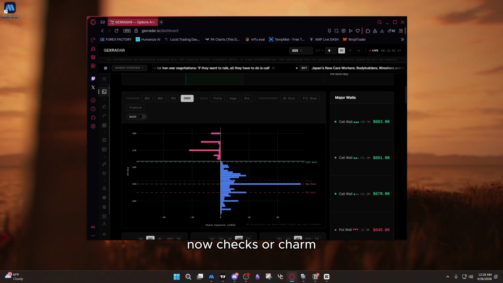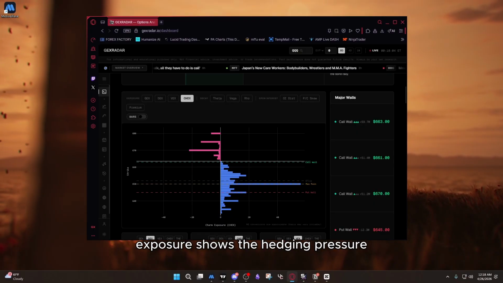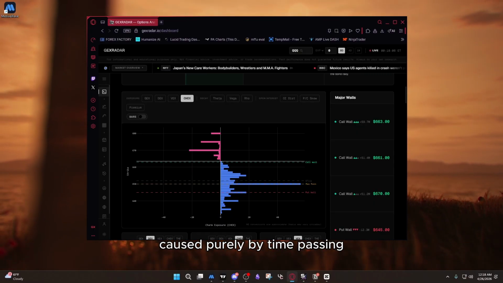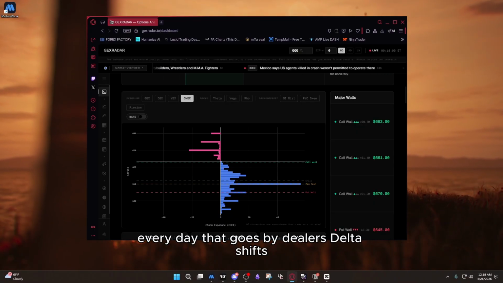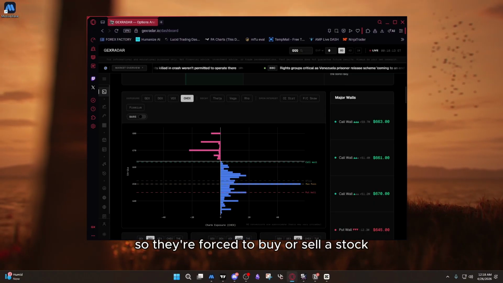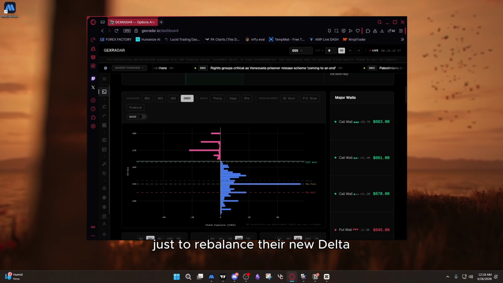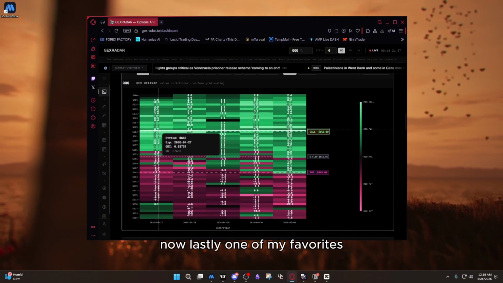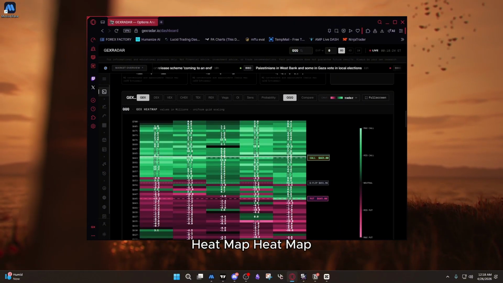Now, Chex or charm exposure shows the hedging pressure caused purely by time passing. Every day that goes by, dealers' delta shifts, so they're forced to buy or sell a stock just to rebalance their new delta.